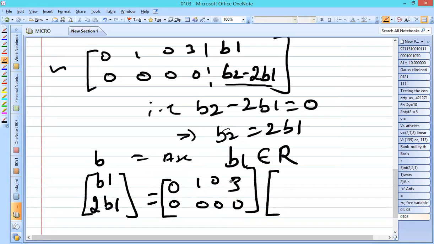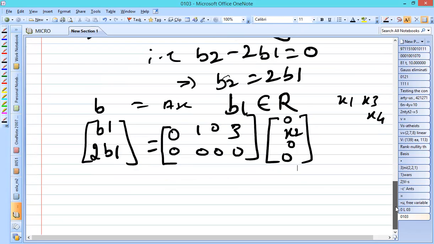In order to obtain a particular solution, whatever free variables we have, we have taken x1, x3, x4. These variables I am going to set to 0 and only keep the x2 value here. This x2 can be set either to 0 or to 1. Now if we solve this, you can see that we'll be getting 0 into 0, 1 into x2.